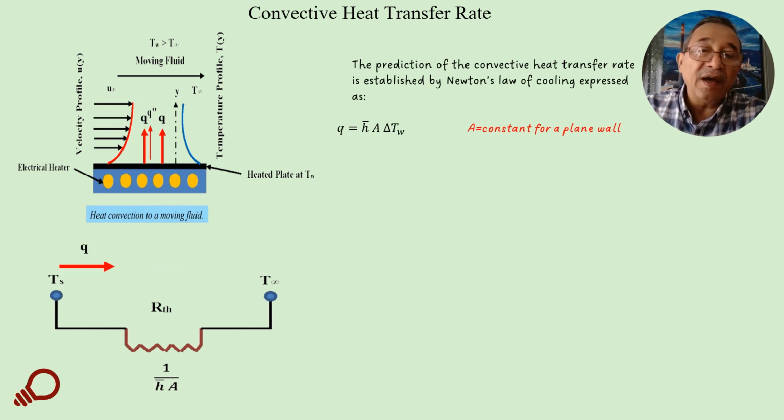Again, an analogy to the electrical circuit can be used to get a thermal resistance, and Q in general is represented by h times A times delta T, where h is the heat transfer coefficient, A is the surface area perpendicular to the direction of heat transfer, and delta T is the temperature difference. So R thermal in general for convection is 1 divided by hA.